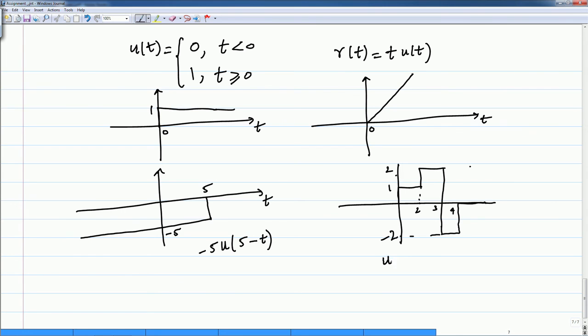So this one would be u of t, plus u of t minus 2, minus 4 times u of t minus 3, plus 2 times u of t minus 4. Think about how I did that. One can sketch each of these things separately on a separate page, and then see how it ends up adding to give you what you want. Okay, so this is an important step.